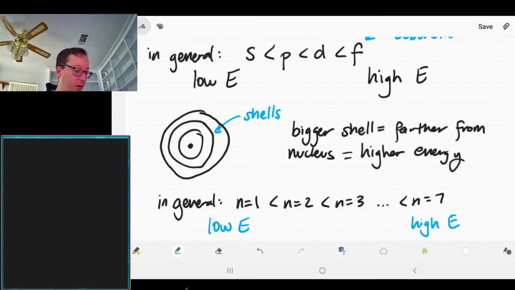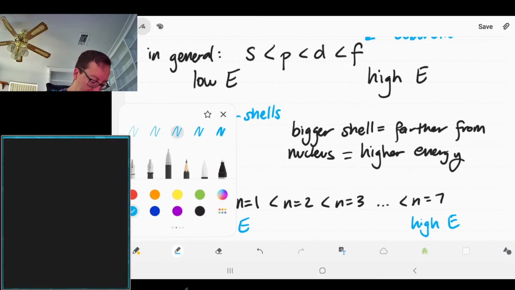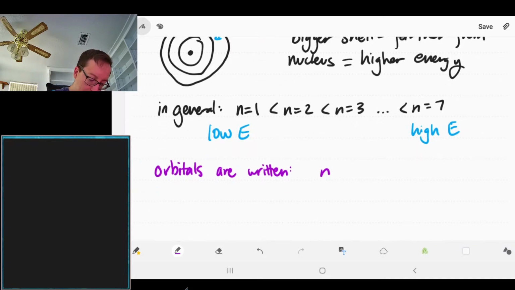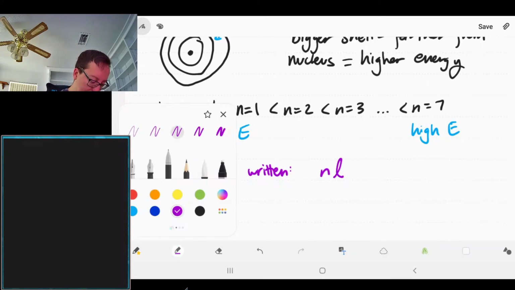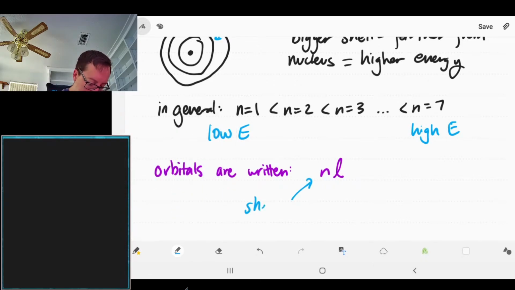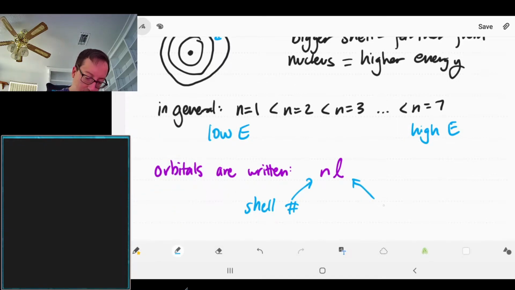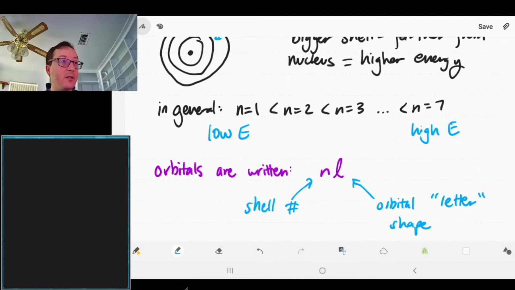And so we're going to be able to compare them, how we might compare orbitals, for lack of a better way of describing it, NL, where N is your shell number, and the L is your orbital, we'll say letter, but really that's orbital shape. So SPDF, those are what L represents.